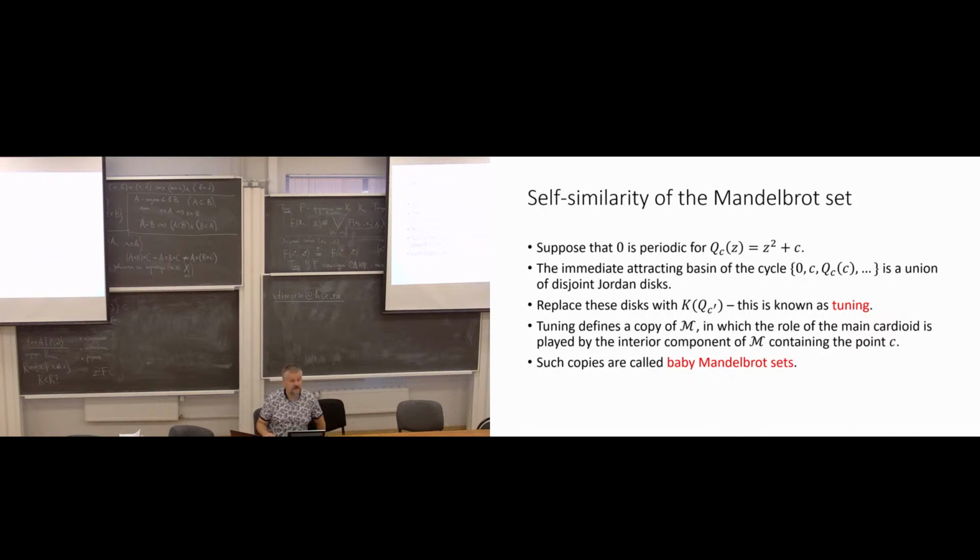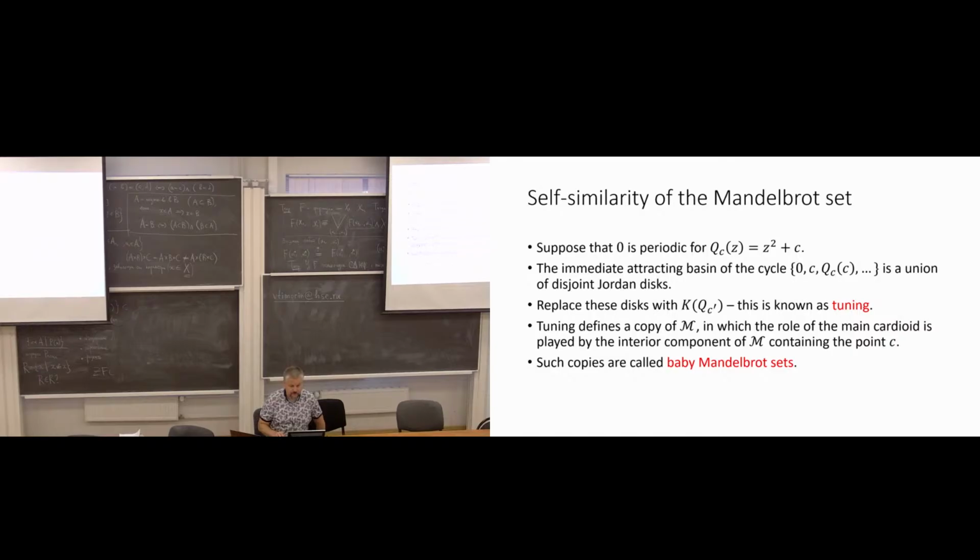Not super attracting, just an attracting point, to which all nearby points converge exponentially fast. But you will see something very similar. The Julia set will be topologically the same. And even in the sense of topological dynamics, it will be the same. So these parameter values are centers of some components of the Mandelbrot set.